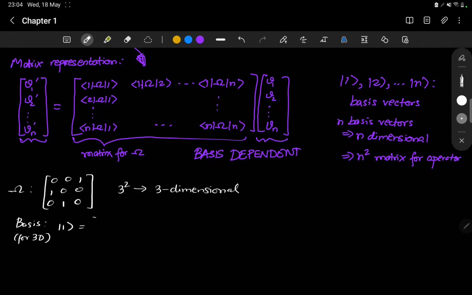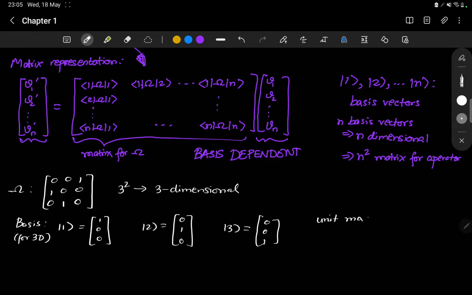The first basis vector being 1 0 0, second basis vector being 0 1 0, and third basis vector 0 0 1. Notice that all of them have unit magnitude and are orthogonal to each other.